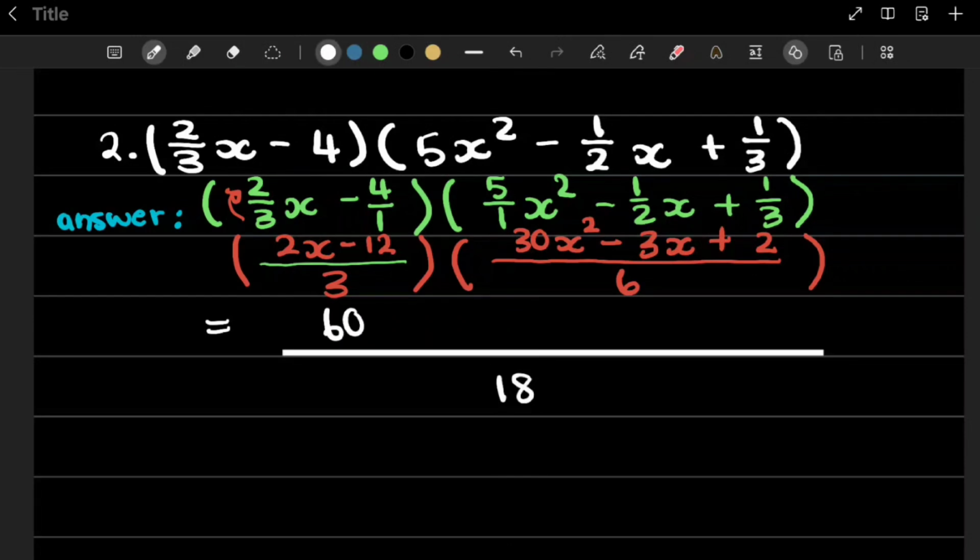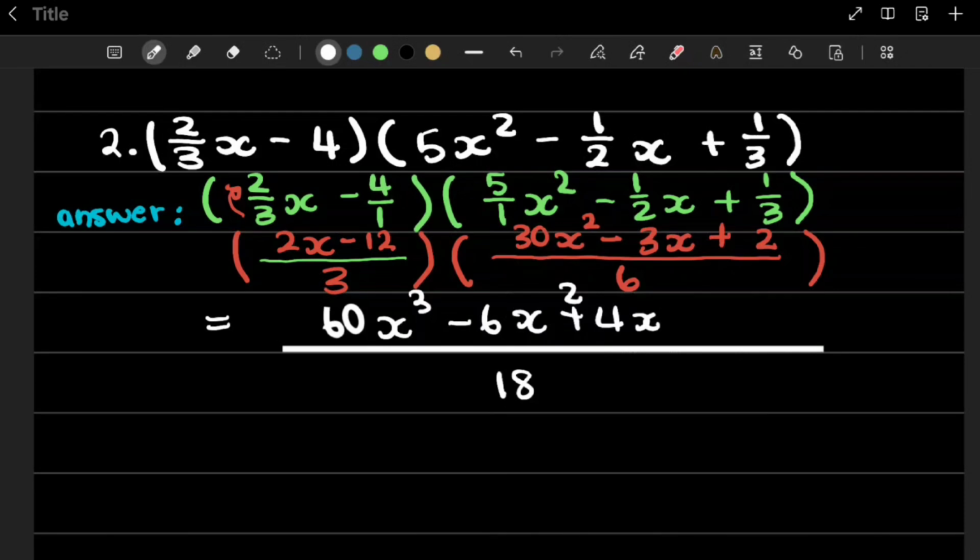60x cubed. Then we're going to say 2x multiplied by minus 3x, which will give us minus 6x squared. And then 2x multiplied by 2 will give us 4x.